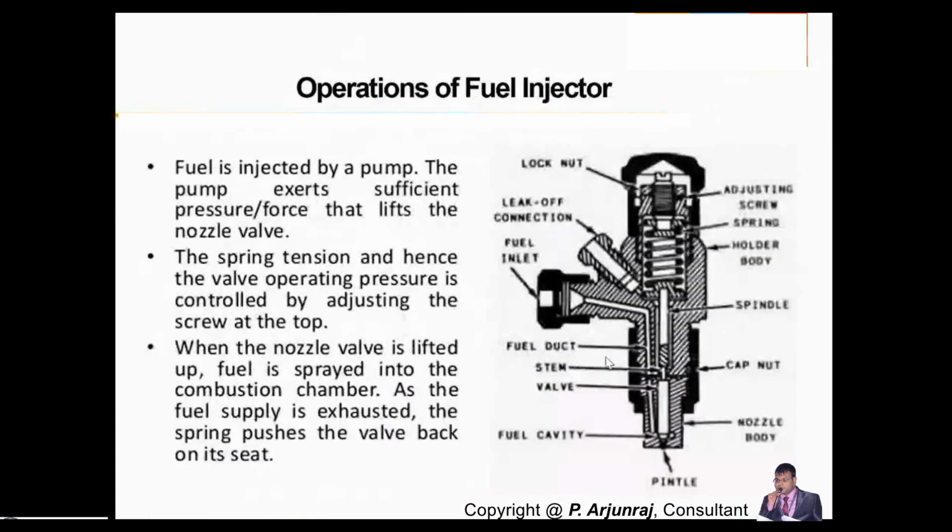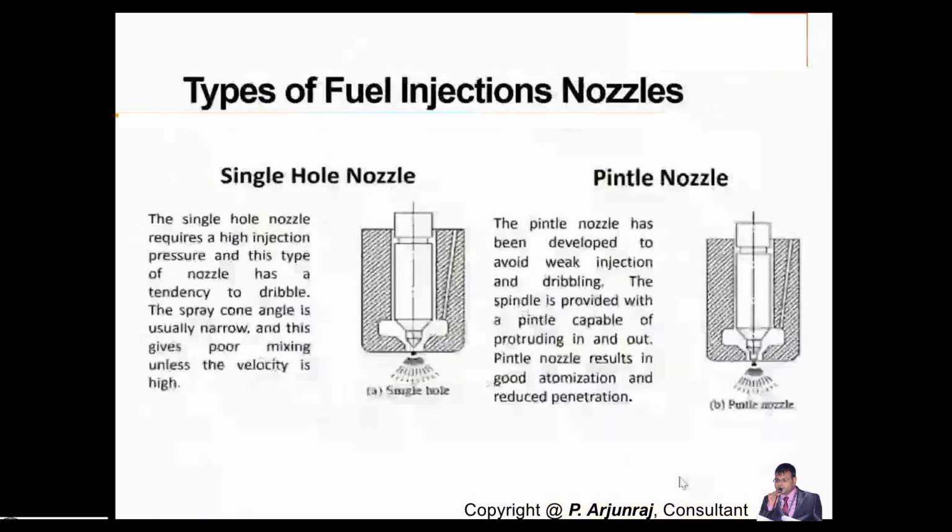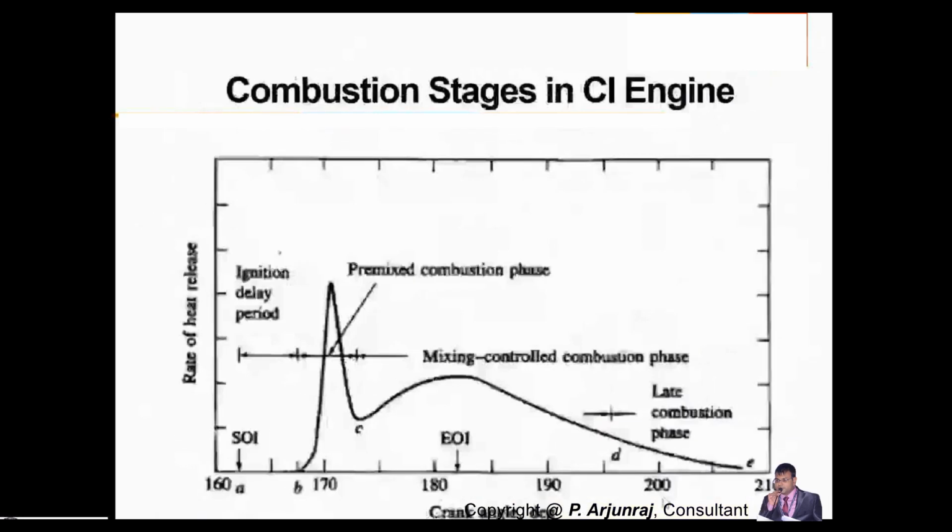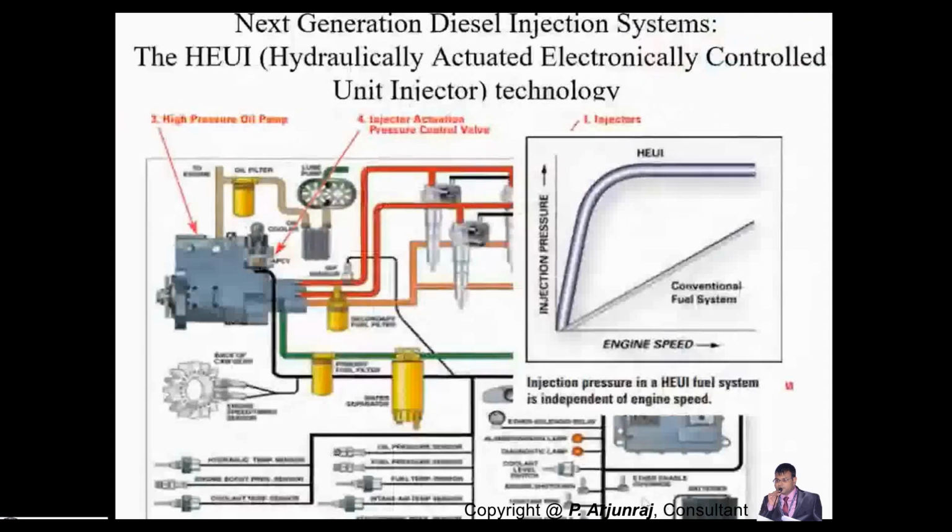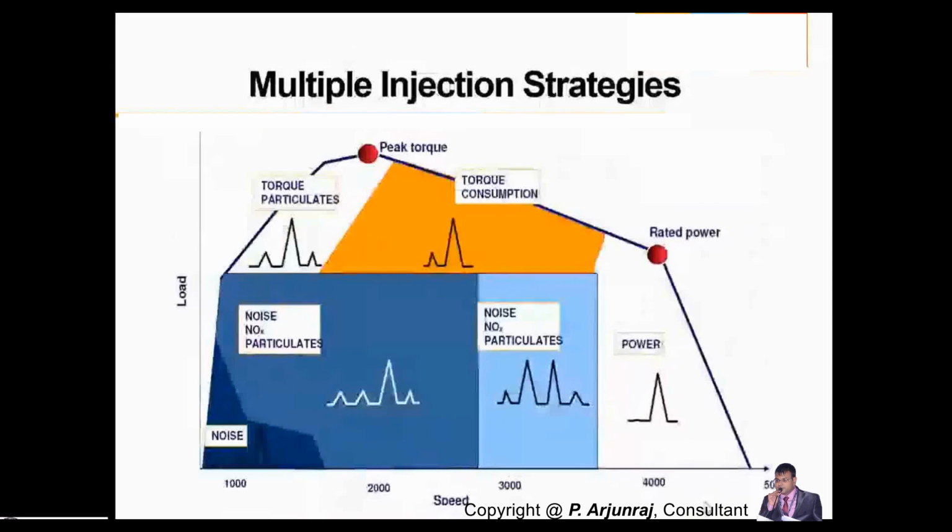You don't need to increase the pressure unnecessarily using the hydraulic one if pressure is already maintained in the system. But the only problem is during the start of the injection, during the start of the vehicle or start of the engine, sometimes you need some high pressure, which may not be possible without hydraulically actuated. So in that case, you can operate it, and when the vehicle is running at high RPM or high speed, you don't need to actuate this one. Even this technology is there, where you can shut down or switch on whenever it's required.